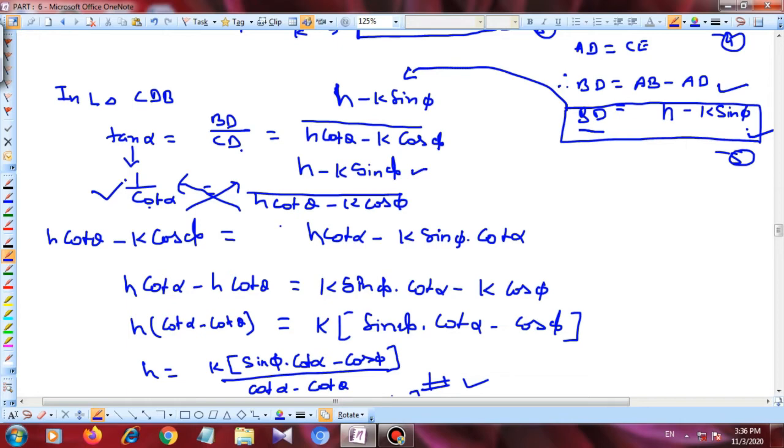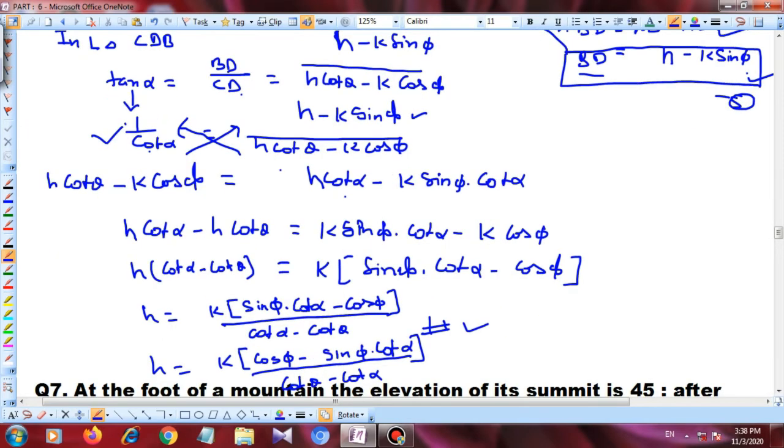Cross multiply. Then you will get H cot alpha minus K sin phi into cot alpha equal to H cot theta minus K cos phi. H cot alpha minus H cot theta equal to K sin phi cot alpha minus K cos phi.